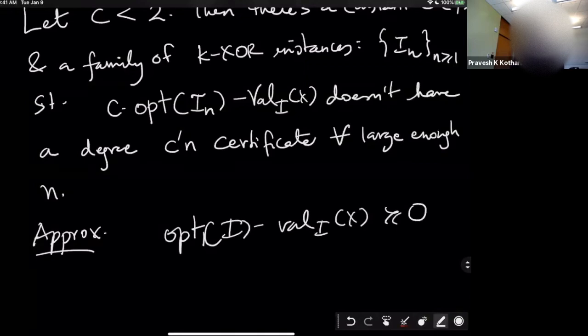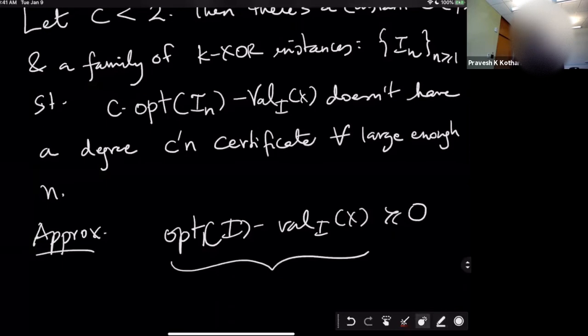Now we hunt for a special kind of certificates for this fact. So we hunt for sum of squares certificates. So we know that this polynomial is always non-negative, right? Because val I x can never exceed opt I. We can ask, is there a sum of squares certificate for it?